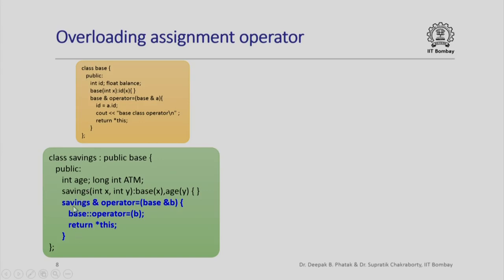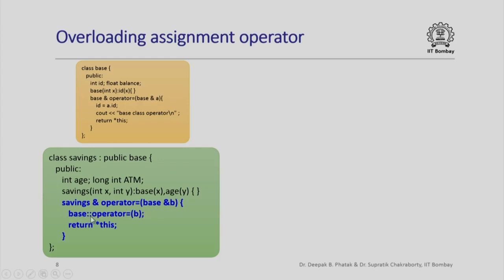So what am I saying? I am saying that if you see such an assignment, then you first invoke the assignment operator of the base class on the object on the right hand side.